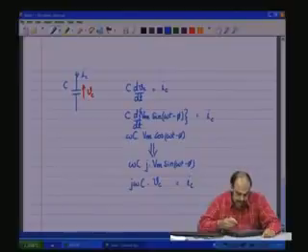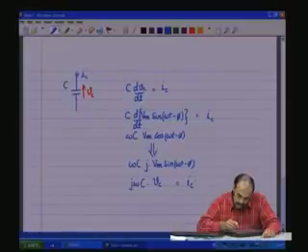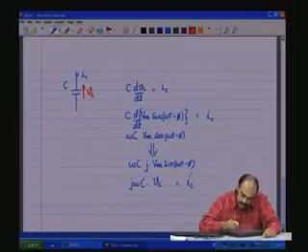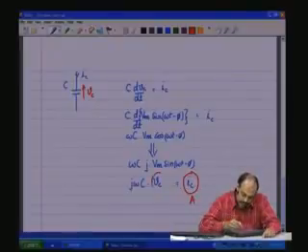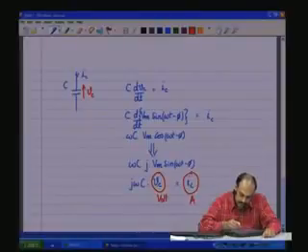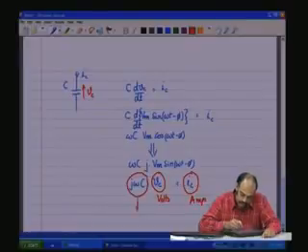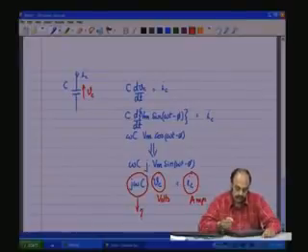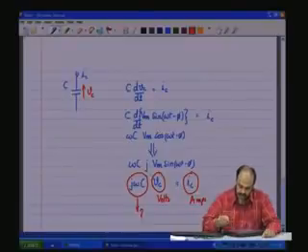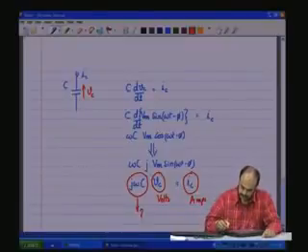Now, notice this equation, j omega C into Vc is IC. This has a unit of amps, this has a unit of volts, isn't it? This is volts, this is amps. So, what should be the unit of this? So, it should be something connected with the ohms.